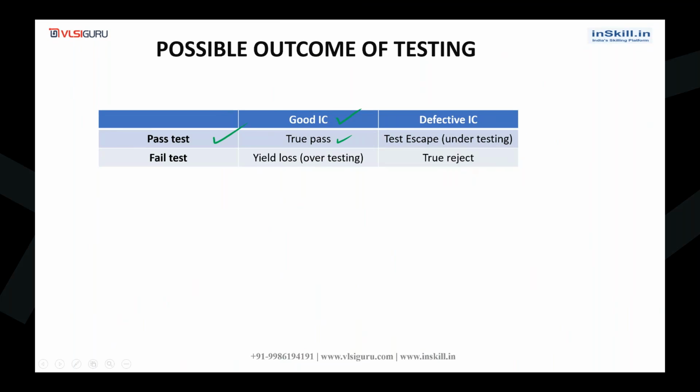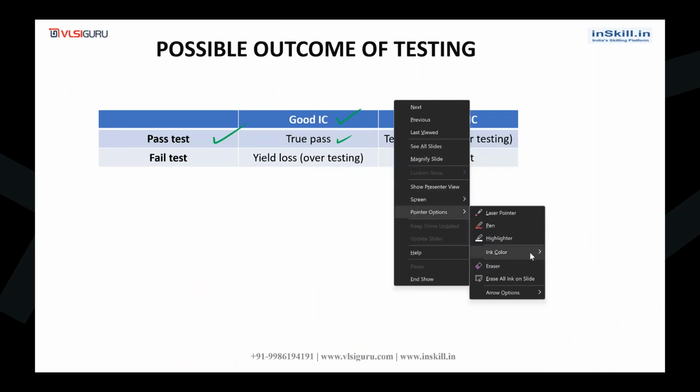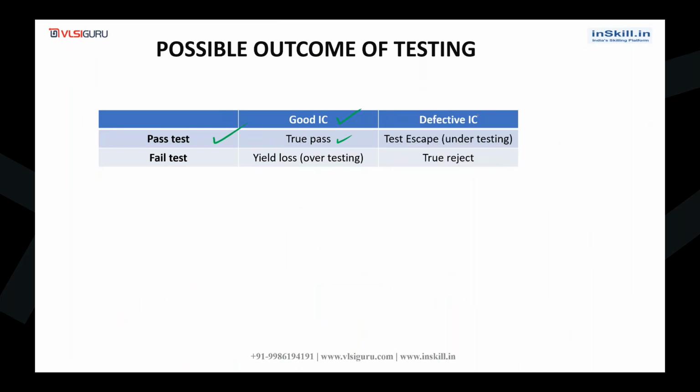A defective IC that fails the test is a true reject. A defective IC that passes the test is called a test escape, also called under testing.